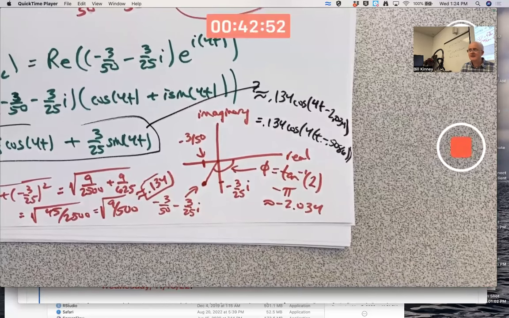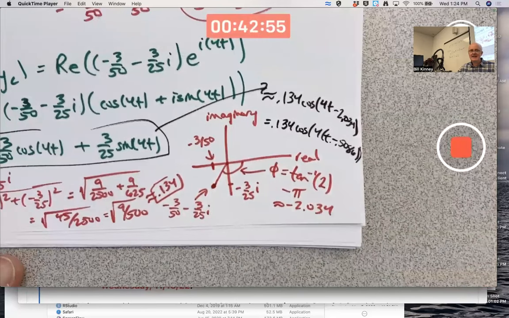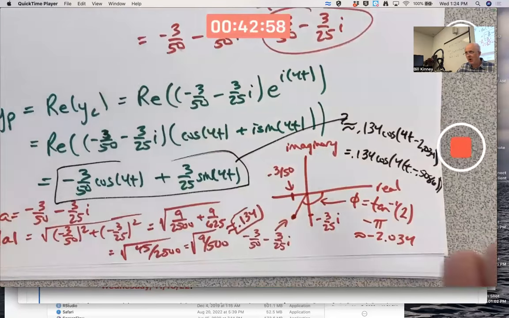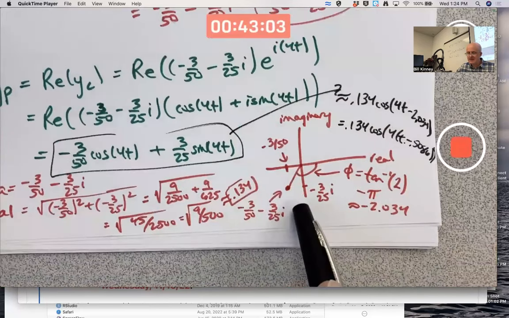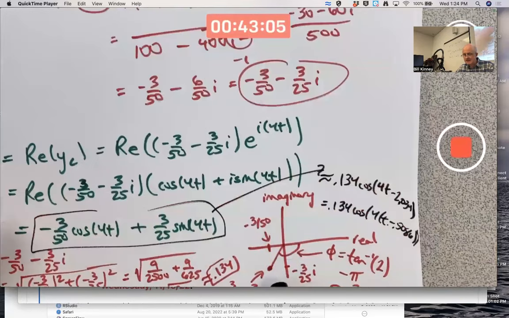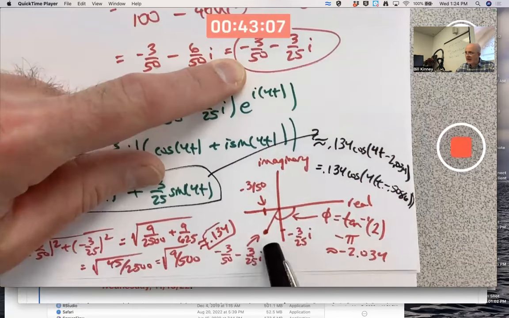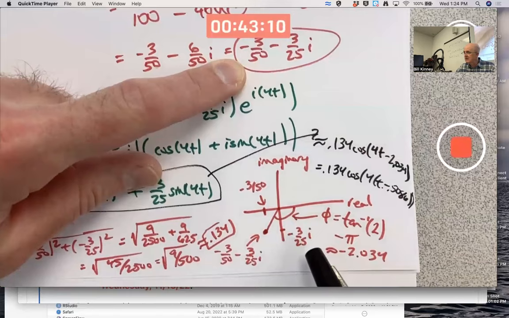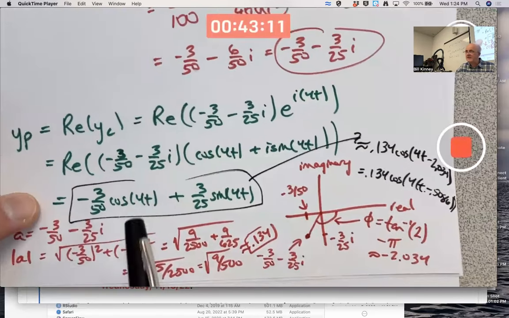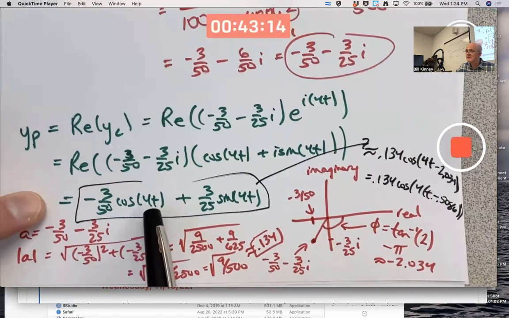So it's a useful technique that is more useful than this even shows. The nice thing that I'm showing here is that this complex number, the A, encodes the amplitude and the phase angle for y_p, for the steady state solution.